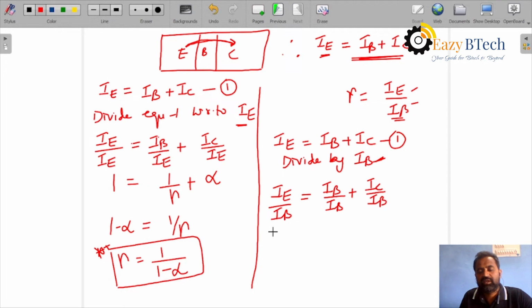Now you can write IE by IB as gamma. Gamma is equal to IB by IB, which is 1, plus IC by IB, and this value is beta.